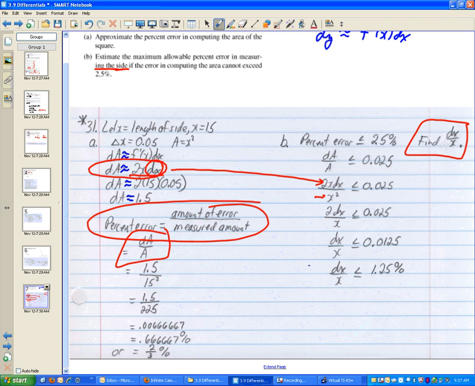I'm solving it for dx over x, which is strange. So the first thing I can do, divide that into that, get 2 dx over x. Practically there. Multiply by a half, and now I have dx over x. Then I change it to a percent.